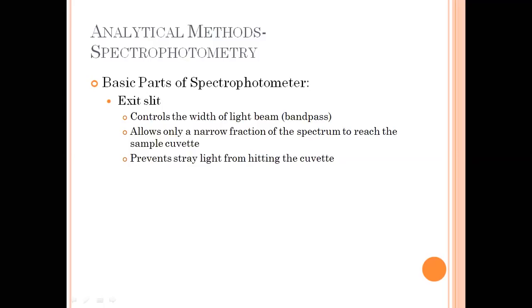Okay? That's why we have this exit slit. Same with your entrance slit, the monochromator and exit slit also act on the stray light just in case there is any. But supposedly, there should be no more stray light from the entrance slit. Okay? From the entrance slit.